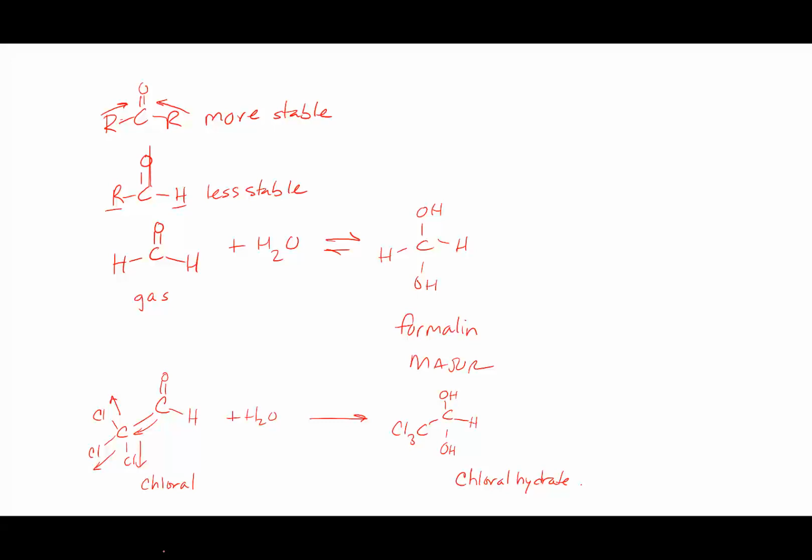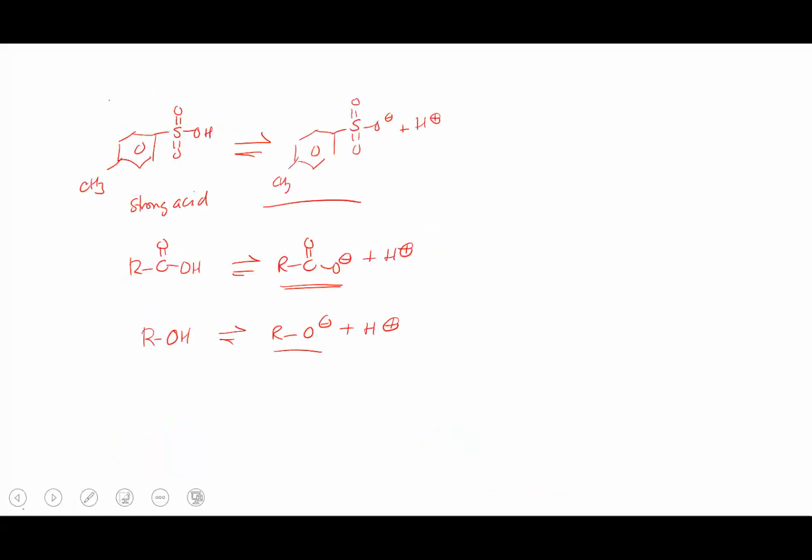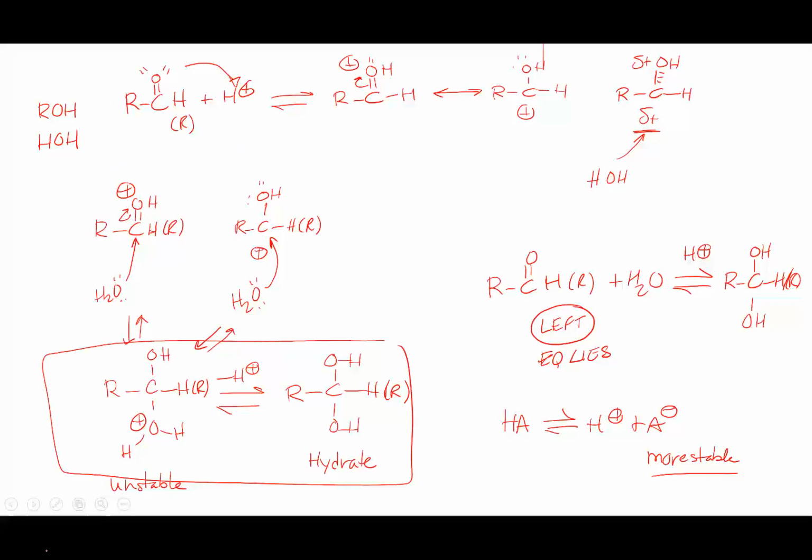So those are hydrates. A run-of-the-mill aldehyde is not going to form much hydrate. But special ones like formaldehyde or chloral, they will. But we have to do something special to them. What about ketones? Same thing. Run-of-the-mill ketone, not going to form much hydrate. What's the mechanism going to look like for forming a hydrate from a ketone?